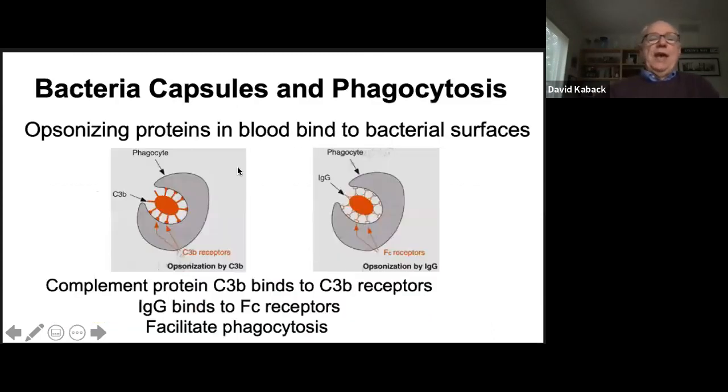Okay, so when we have a bacterial capsule, what happens? Normally, in the absence of a capsule, antibodies or a complement protein called C3b will coat that bacteria. This is a passive immune response. This is an active immune response where you've made an antibody to that bacteria. Either C3b or that antibody will coat that bacteria. This coat is referred to as opsonization.